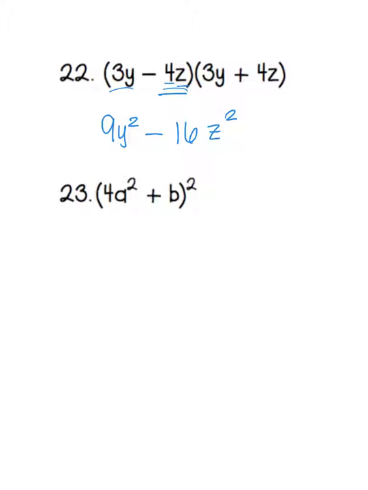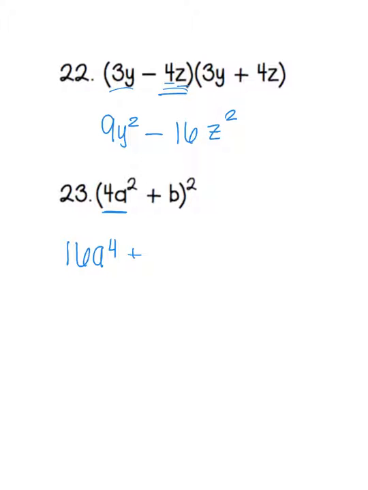Problem 23, the rule is the square of the first term plus twice the product of a and b plus the second term squared, so plus b squared. So 4a squared, the square of the first term, is 16a to the fourth power, plus twice the product of the first term and the second term.